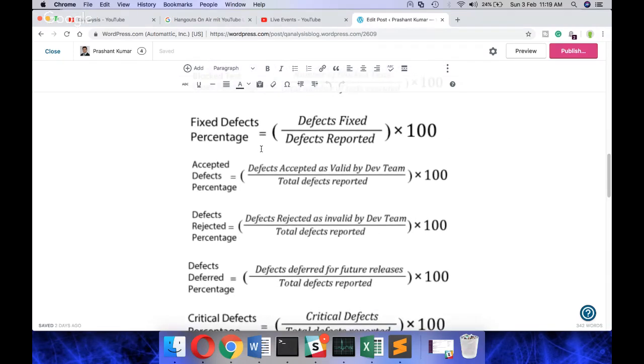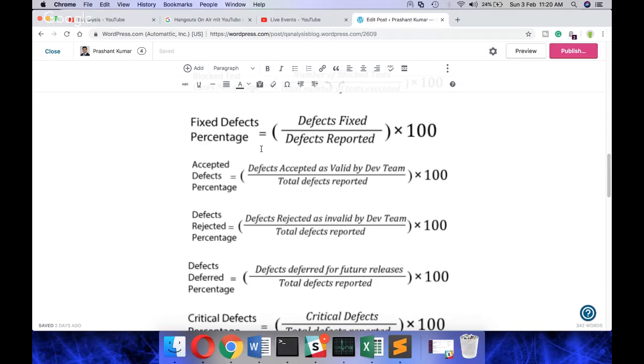In the same way, you have defects rejected percentage. Rejected defects are those which are not going to be fixed, which are not significant, or which they are unable to reproduce. All those defects are considered rejected. So the total number of defects rejected divided by the total number of defects reported, into 100, will give you the defect rejected percentage. The defect rejected percentage should always be low.